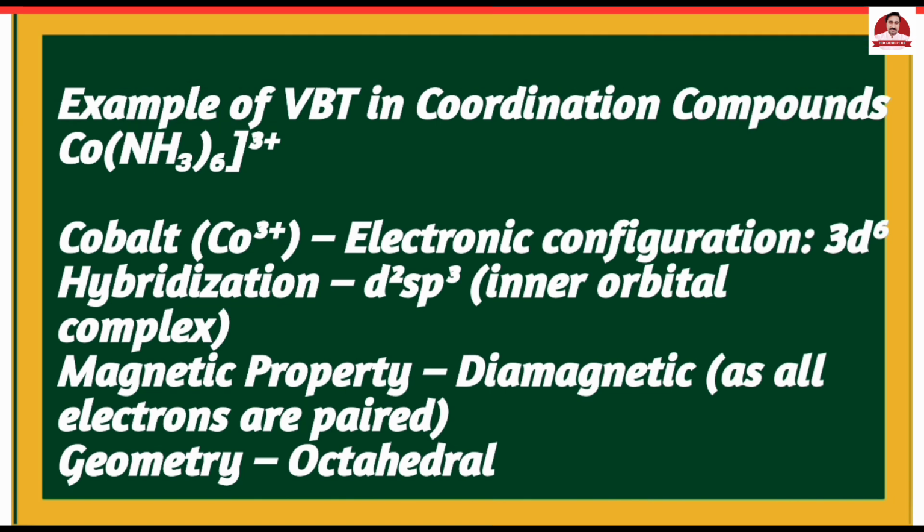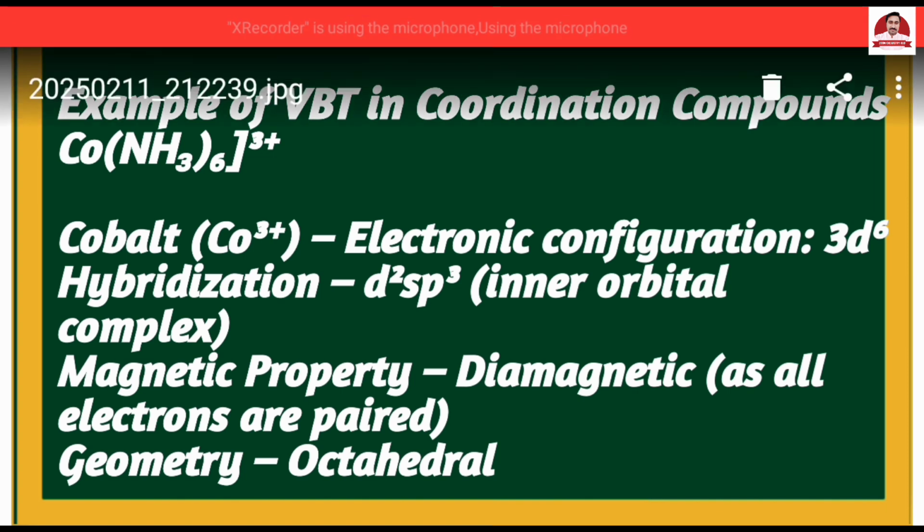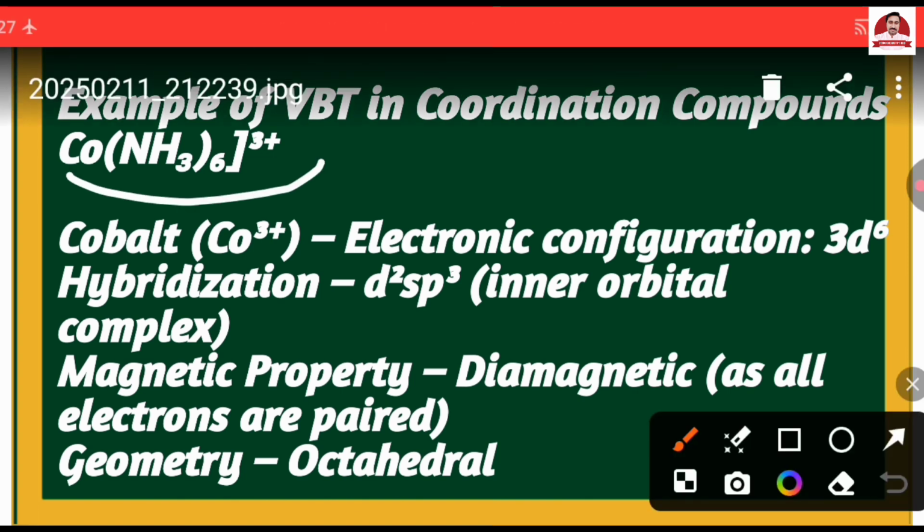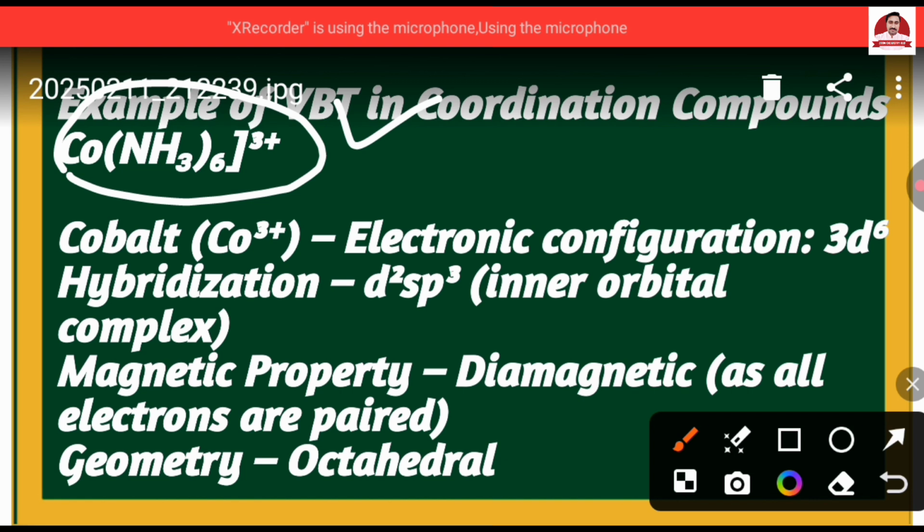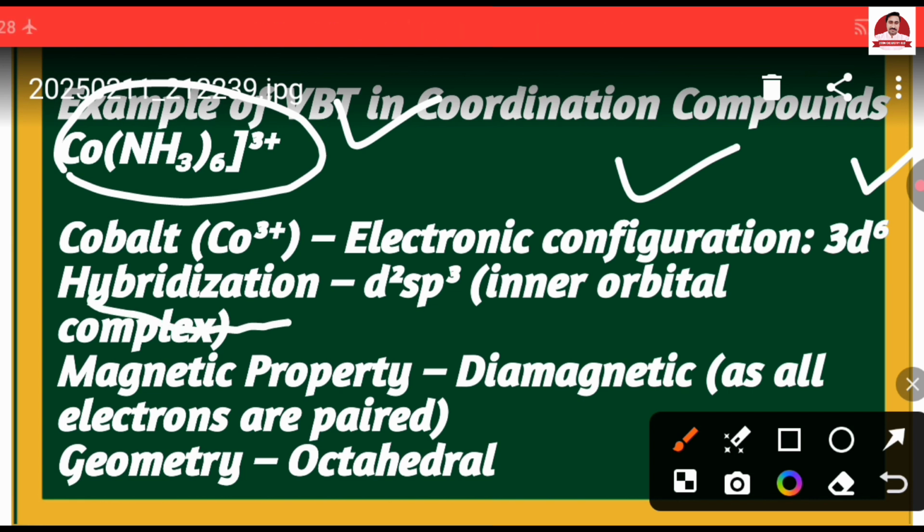Next point, examples of coordination compounds. We have an example of hexaamminecobalt(III). Here cobalt 3+ has the electronic configuration 3d6 and its hybridization is d2sp3.